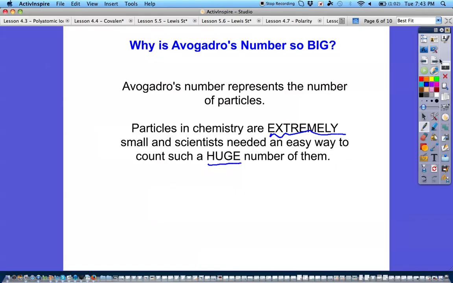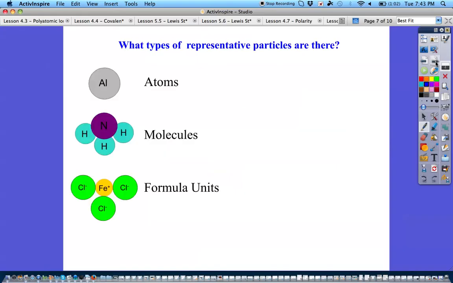Well, what are these particles that Avogadro's number or the mole represents? Those particles can be, aluminum is an atom. It's a single type of atom, a single element by itself, nothing else. I'm going to back this up. It's still a single element. I just wanted to format this a little bit better for you.